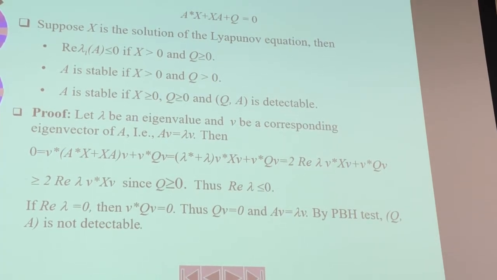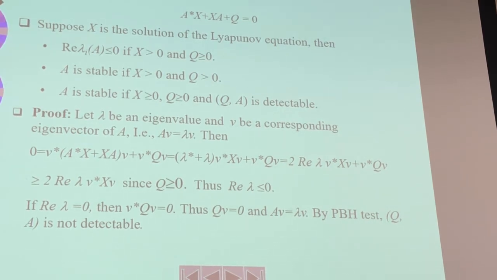We have further conclusions here. Supposedly, I find X is a solution of this one. A is a stable matrix. Q is positive semi-definite. So then how can I know what the eigenvalues of A are? I know that if all the eigenvalues of A are living on the left half plane, it is stable. But how do I know?